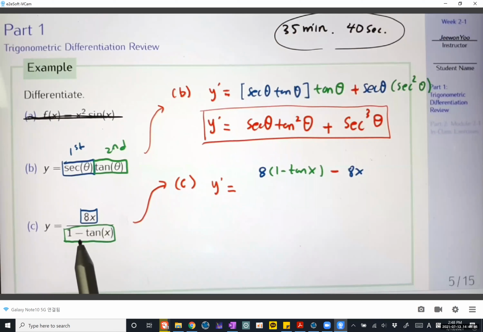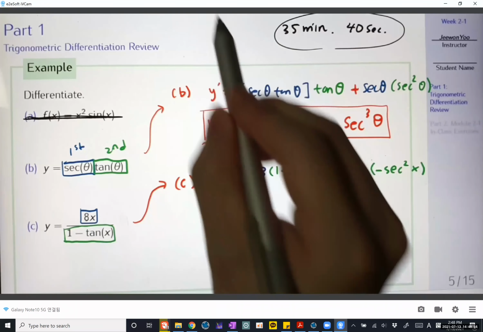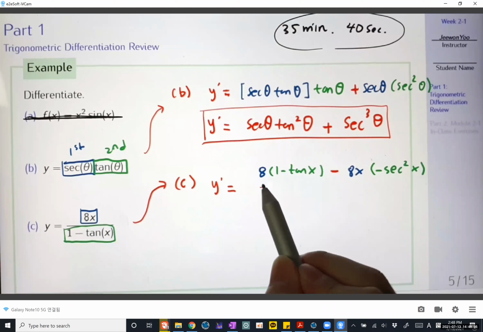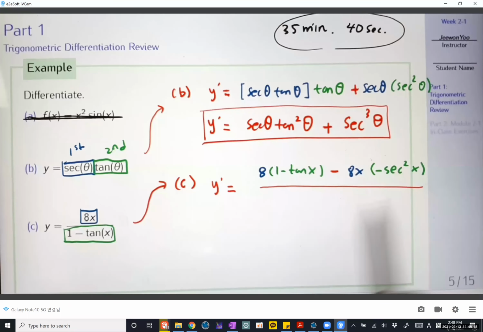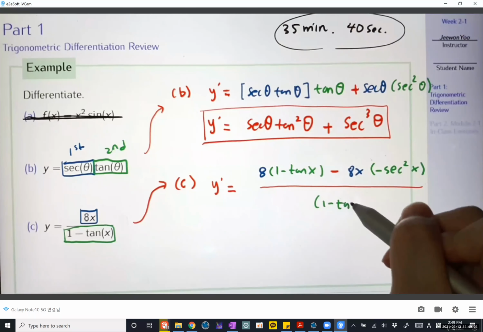Please don't forget the negative sign. Negative secant square. Okay, like this. And everything divided by the bottom square, which means 1 minus tangent x, squared.